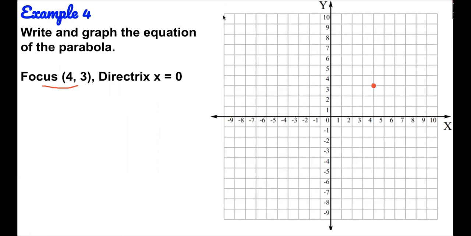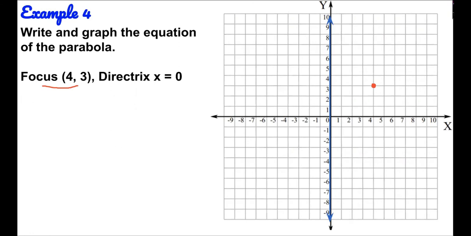And my directrix is at x equals 0, so x equals 0, notice it's right here. I notice that our focus is on our right side. Therefore, our parabola should be opening towards the right.